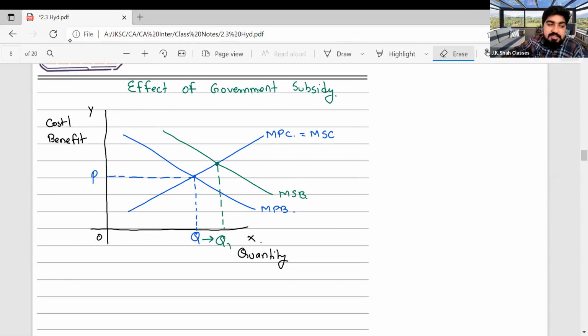This we studied yesterday very much in detail, cost and benefit curves. Okay, Ankita, no problem.